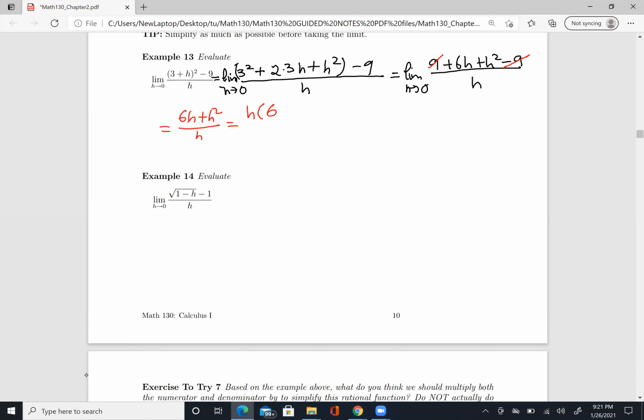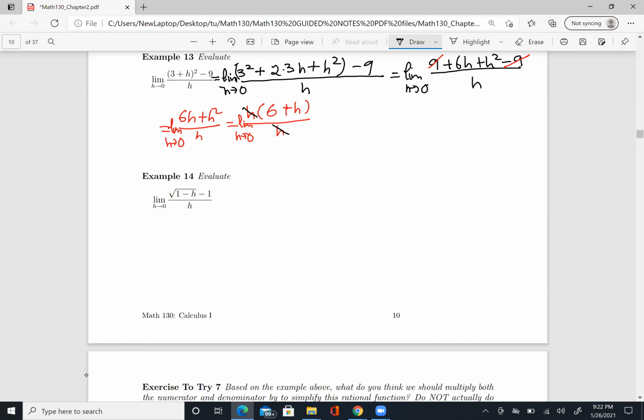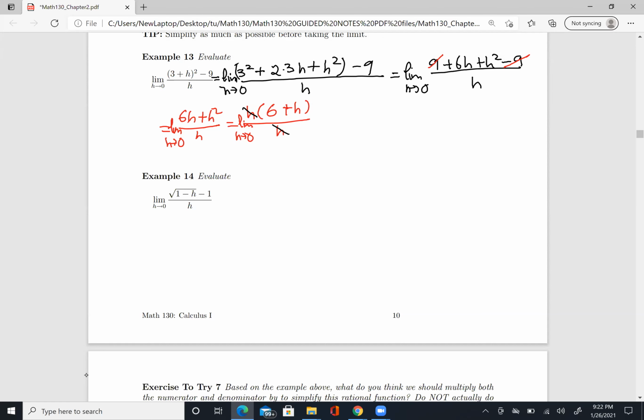So you have 6 plus h, and another factor h here. Oh, I forgot the limit, for h equal to 0. Okay, so now you will see that there is a common factor h between the denominator and numerator. So now you have just 6 plus h, and you can direct substitute, equal to 6 plus 0, and that equals 6 as the answer.